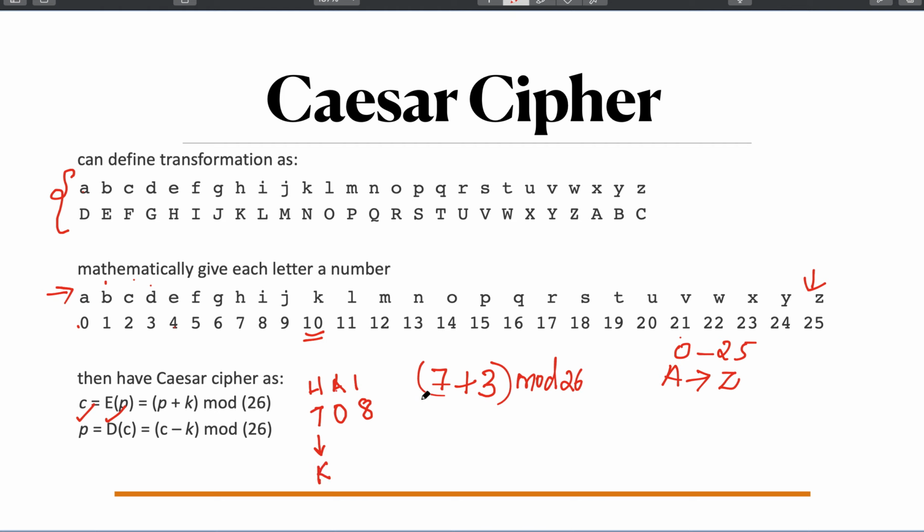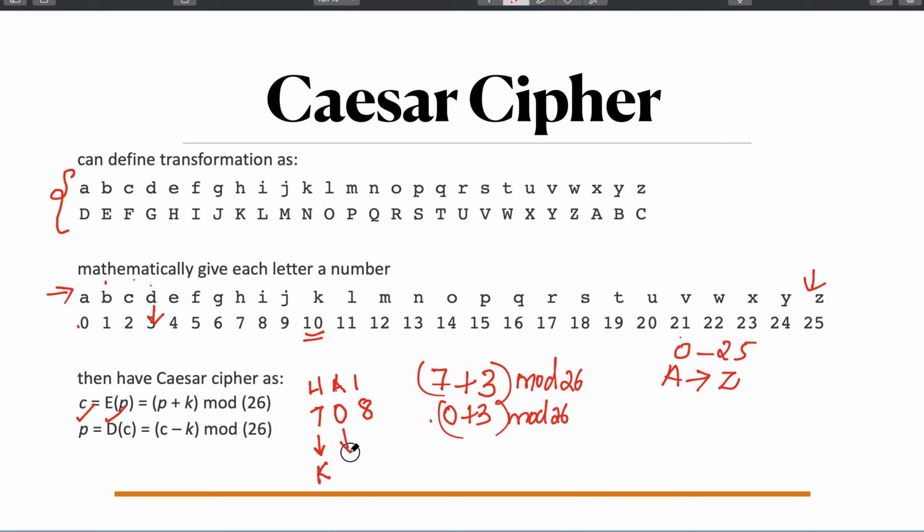Now A is 0 plus 3 mod 26, which is 3 itself. Which is the letter corresponding to the number 3? It is D, right?